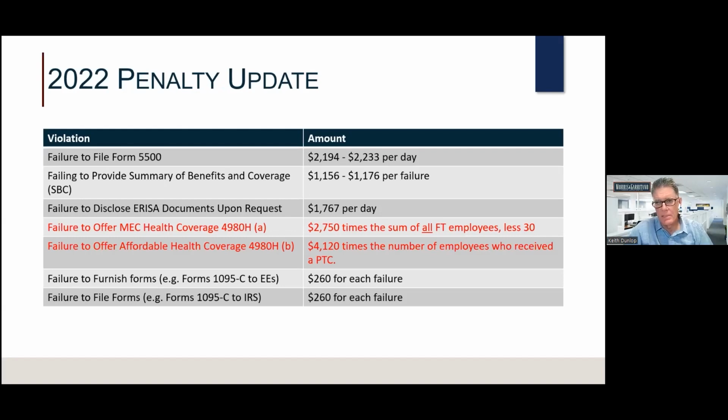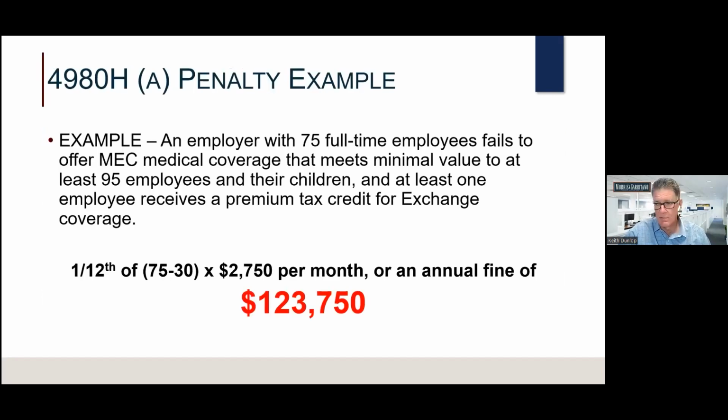Quick update on penalties. 2022 has gone up just a bit. The A penalty for failing to offer coverage is now $2,750 multiplied by the sum total of all your full-time employees less the first 30. The B penalty for failing to offer affordable coverage is now $4,120 multiplied by the number of employees that received a premium tax credit for coverage on Covered California.